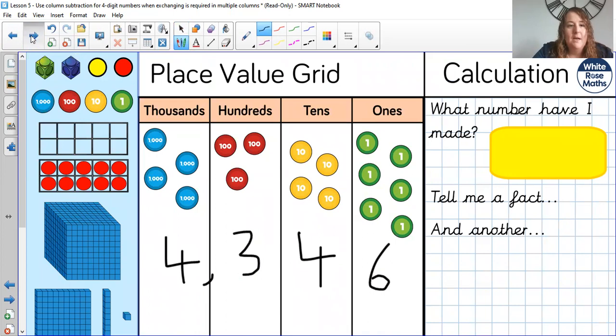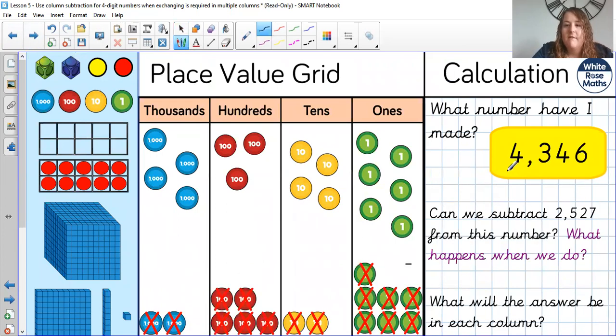Okay, once we've done that, we've got 4,346 over here then. And today we're going to have a go at subtracting 2,527. So I've again just shown these down here, 2 in the thousands, 5 in the hundreds, 2 in the tens, and 7 in the ones. What do you think is going to happen when we do this with our counters?